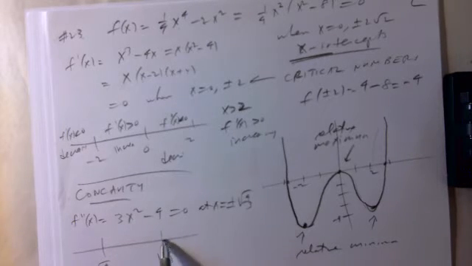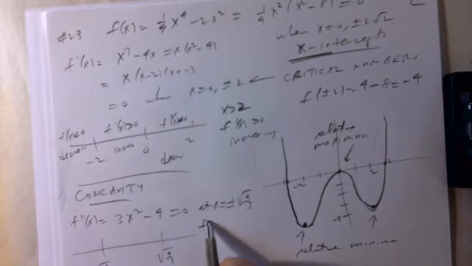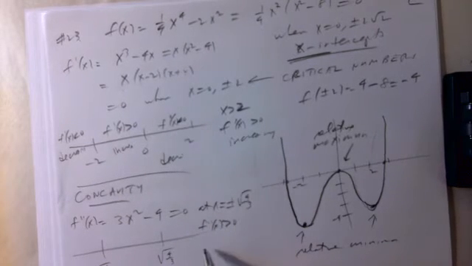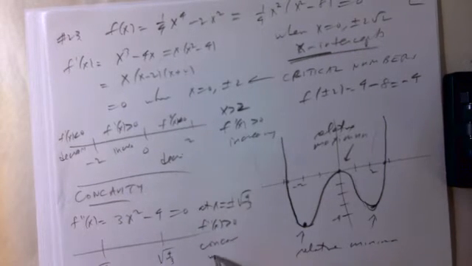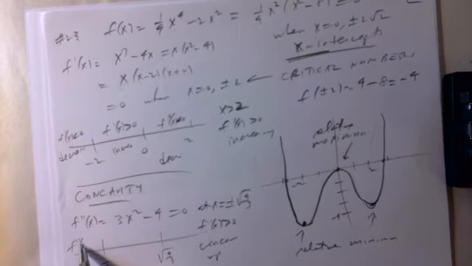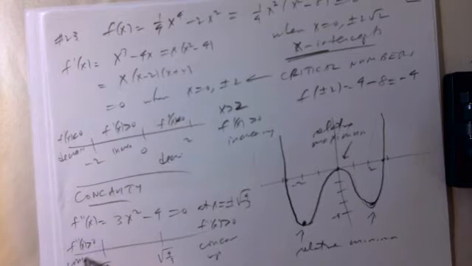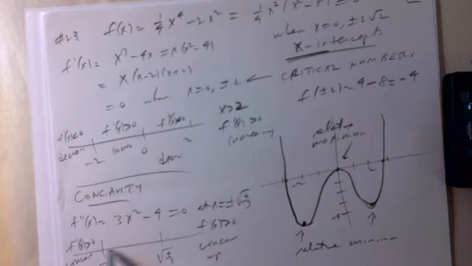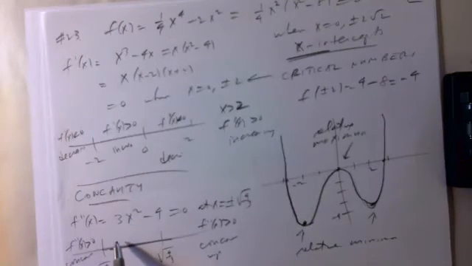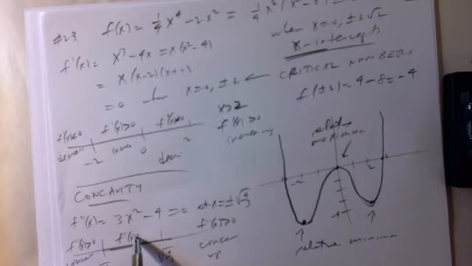When x is bigger than this, second derivative is positive, concave up. Similarly, when x is less than minus the square root of 4/3, second derivative is positive, concave up. And in this interval, second derivative is negative, so it's concave down.